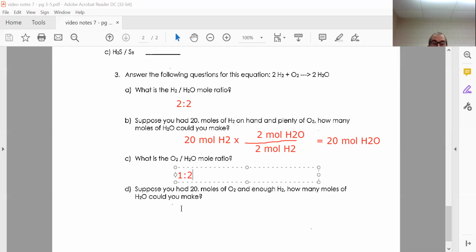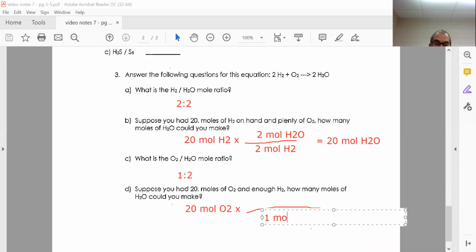It's 40, or you could show that through dimensional analysis and start with 20 moles of O2, and then times that by, I'm going to draw my little line here. It's not a very good line. I'm going to put moles of O2 on the bottom.